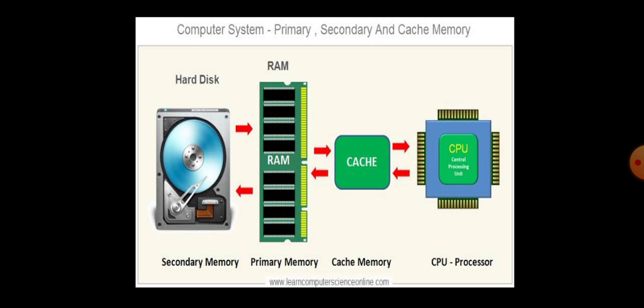From RAM, the cache fetches. Then the central processing unit fetches the entire program for processing. After processing, it will display a blank Word document on your monitor. I think you are all clear about the machine cycle, how the memory unit works with a program.